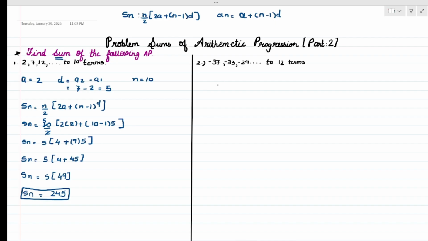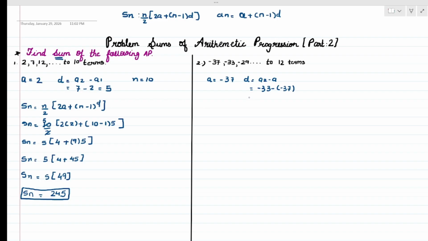Moving on to the next sum, in which you can clearly see that there are negative numbers. We are asked to find the summation up to our 12th term. So first write your values, what things are provided. Our a is minus 37. d will be a2 minus a1, that means minus 33 minus (minus 37).